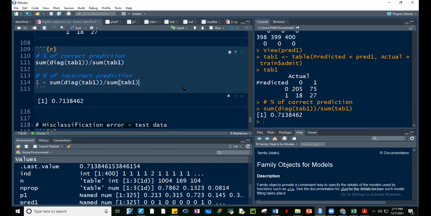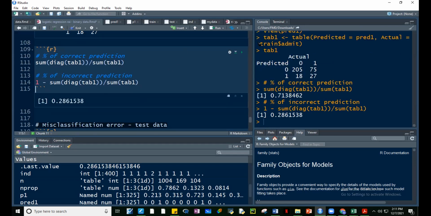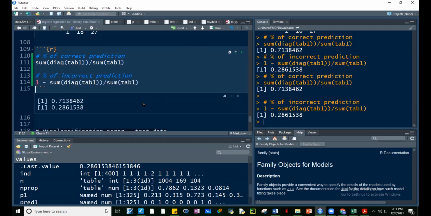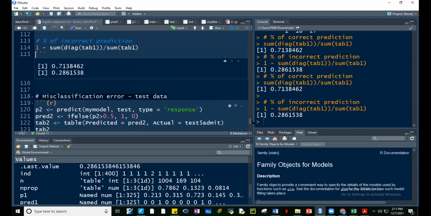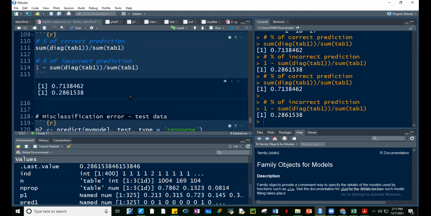Therefore, yung 1 minus that will be the wrong predictions. Okay, 71% correct prediction, 28% or 29% wrong prediction. Okay, so that's how our model performed. So, predict natin si 0 or 1, guys, based on our binomial logistic regression. And it turned out that our model was able to predict 71.3% correctly, and then wrong 28.6%.